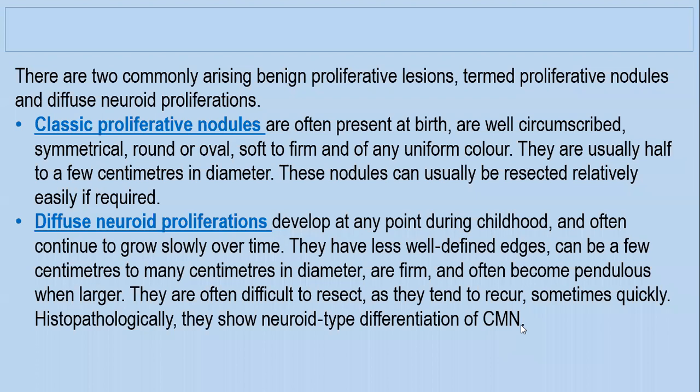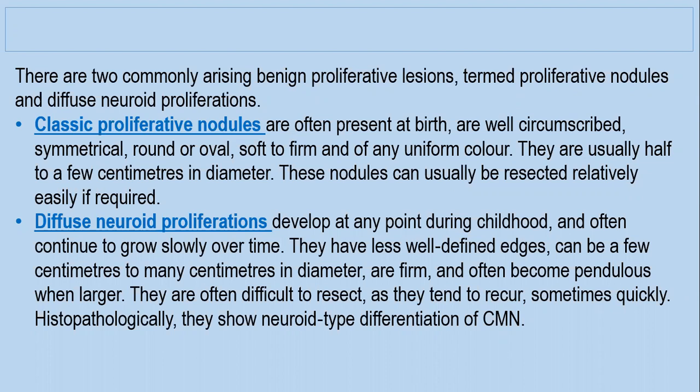There are two commonly arising benign proliferative lesions in a CMN, which are termed proliferative nodules or diffuse neuroid proliferation. The classical proliferative nodules are often present at birth. They are well circumscribed, symmetrical, round or oval, soft to firm, and have uniform color.